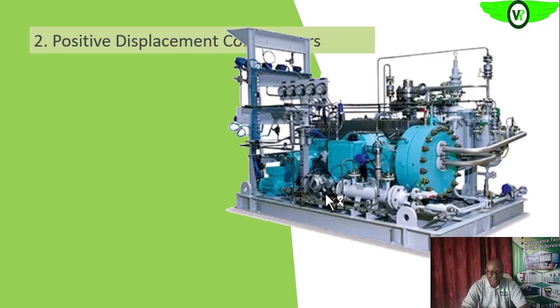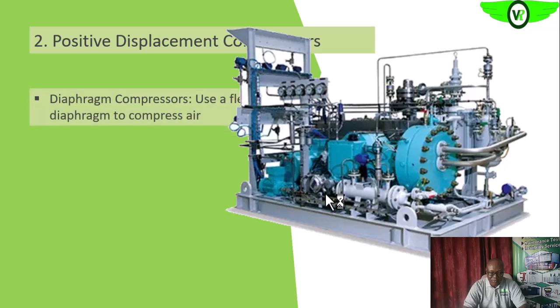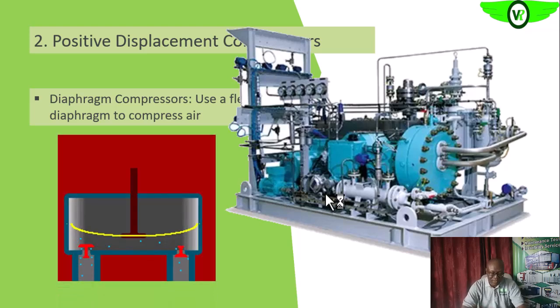So still on the positive displacement compressor, we are going to look at the diaphragm compressors. In the diaphragm compressors, the major active or compressive element is the diaphragm. So the to and fro movement of the diaphragm helps to reduce and increase the pressure in the area.